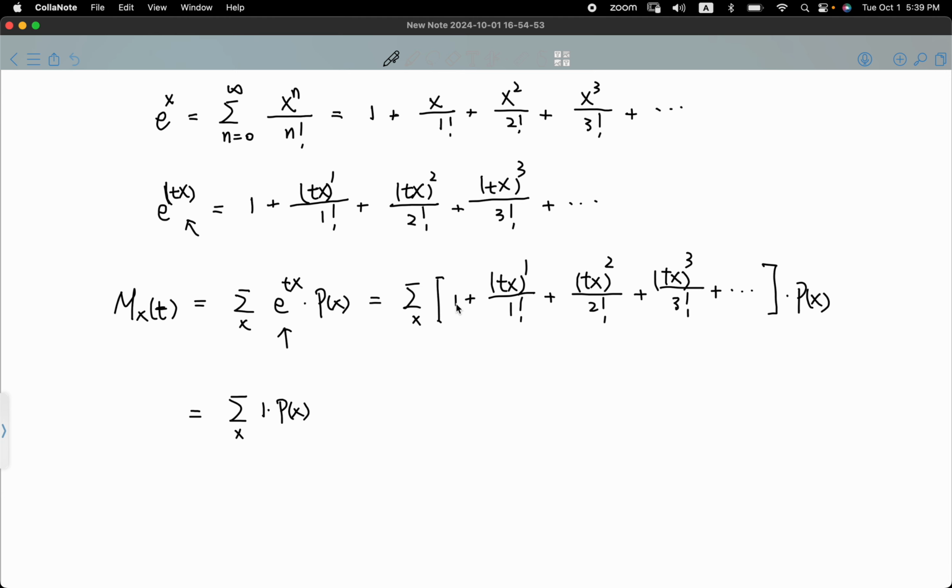The first summation is multiplied by 1 and the p of x. Then for the second term, you will have, again, the summation of tx raised to the power of 1 over 1 factorial multiplied by p of x. And then again, the summation for all possible x of tx raised to the power of 2 over 2 factorial multiplied by p of x.